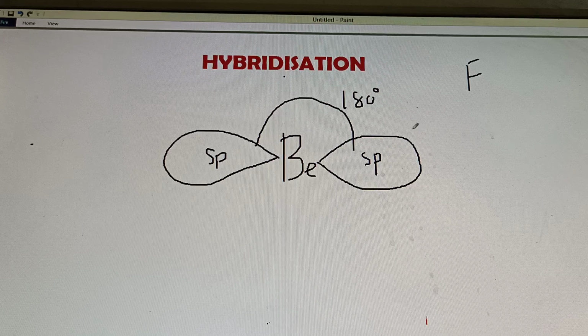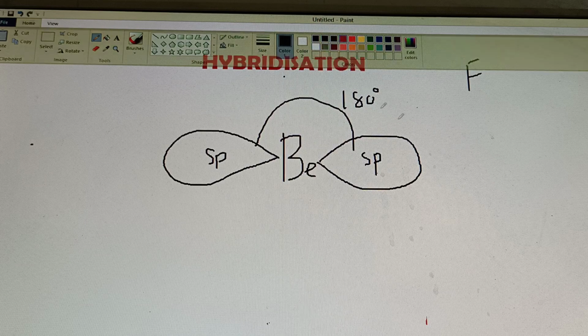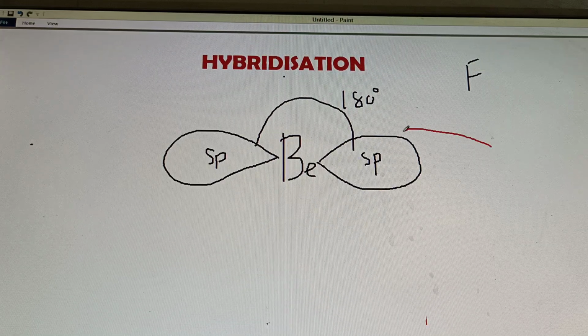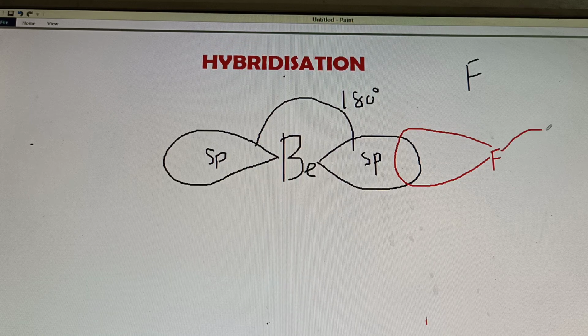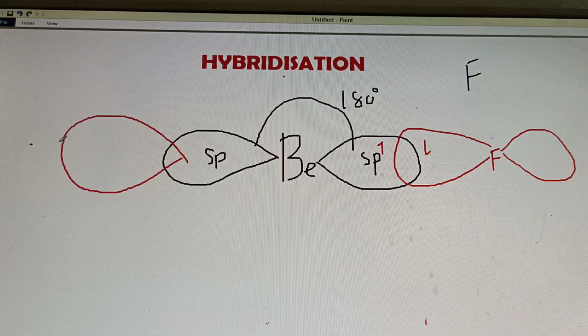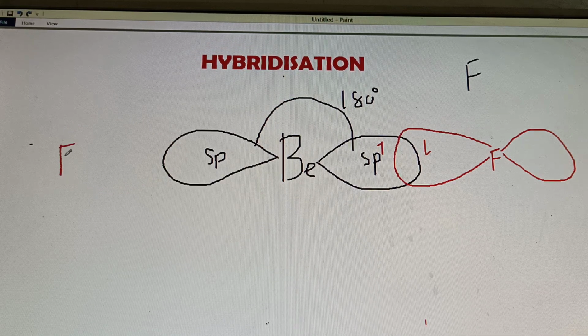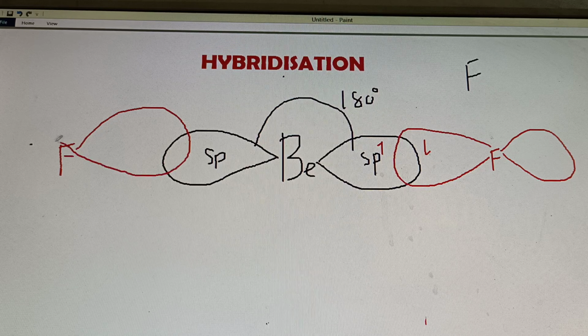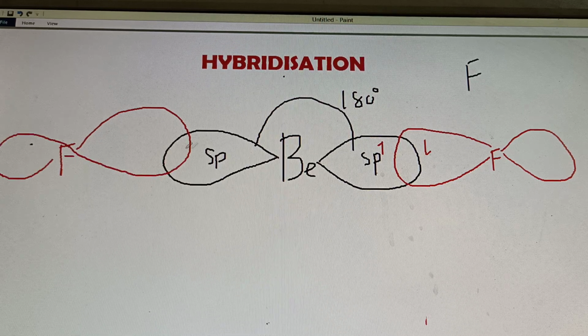Now it will combine with the p orbital of fluorine in this way, forming a covalent bond. Here one electron and here another electron form a covalent bond, and here it will also combine with another fluorine to form a covalent bond.